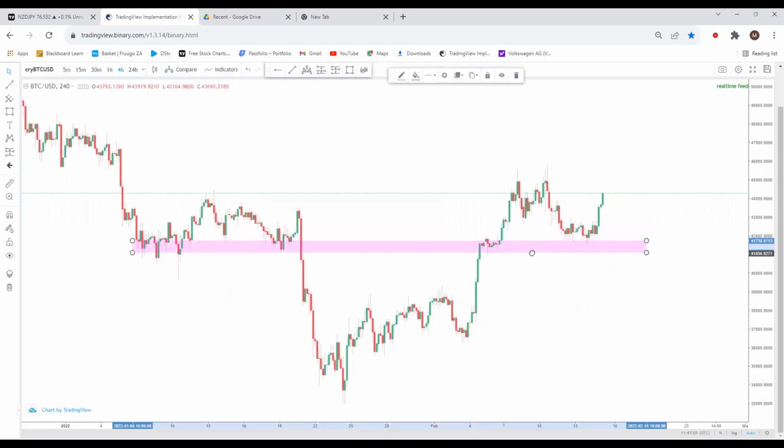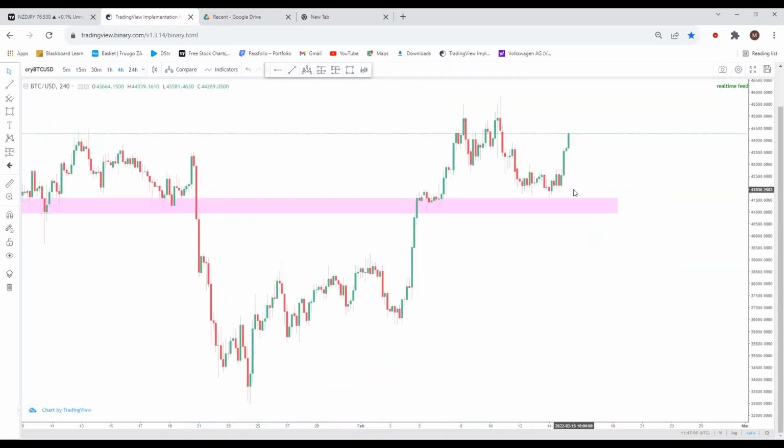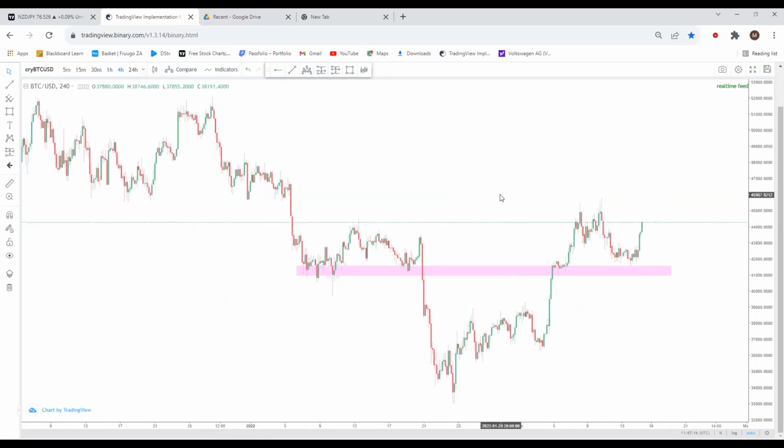We're expecting cryptocurrency to recover from the huge downfall that it's been experiencing in the past.